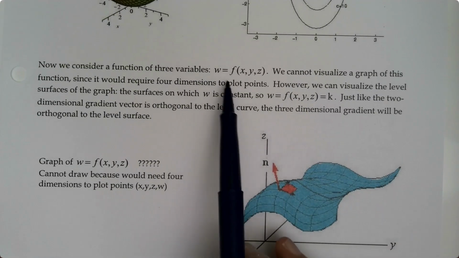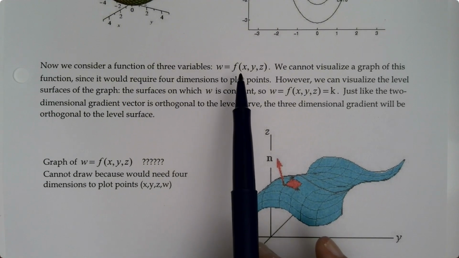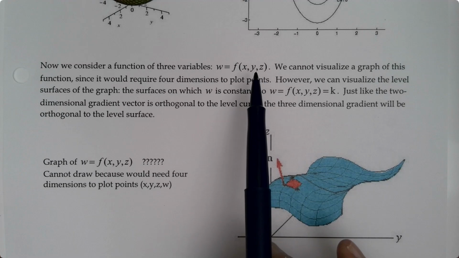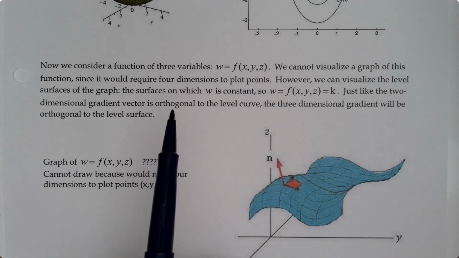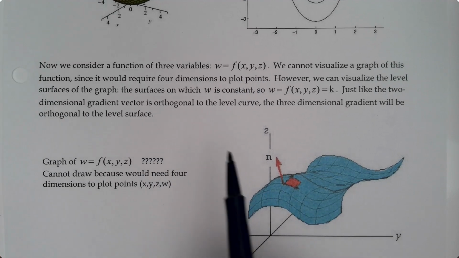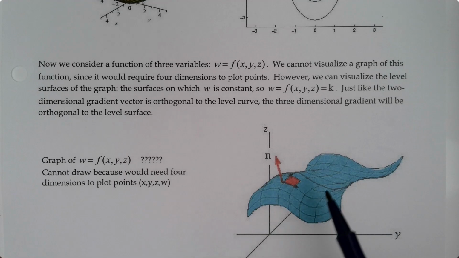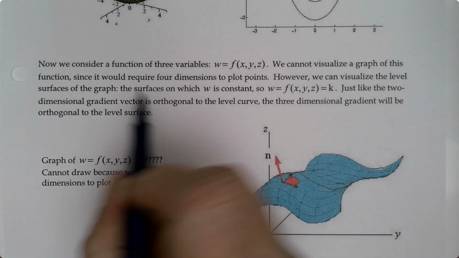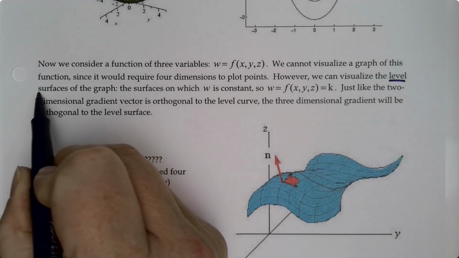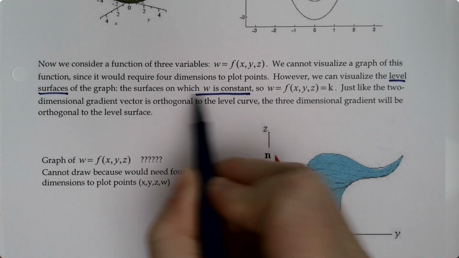But when you have essentially a 4-dimensional object, a function in 3 variables, then they would be level surfaces. And so we can visualize level surfaces. Those are the surfaces on which w is constant.